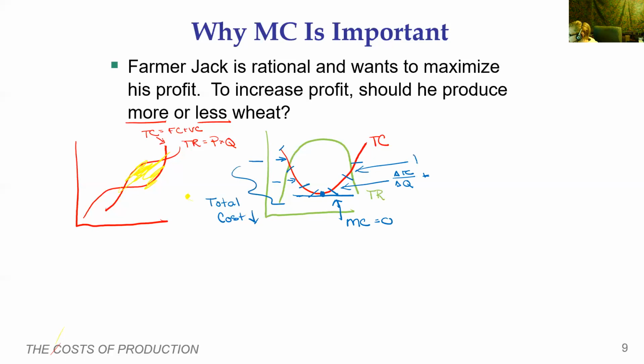This too is positive, and a little more so, and then a little more so. Obviously, because the goal is to produce things at their lowest cost, we would want to produce right here at A. Okay, so marginal cost allows us to determine whether total costs are increasing or decreasing.